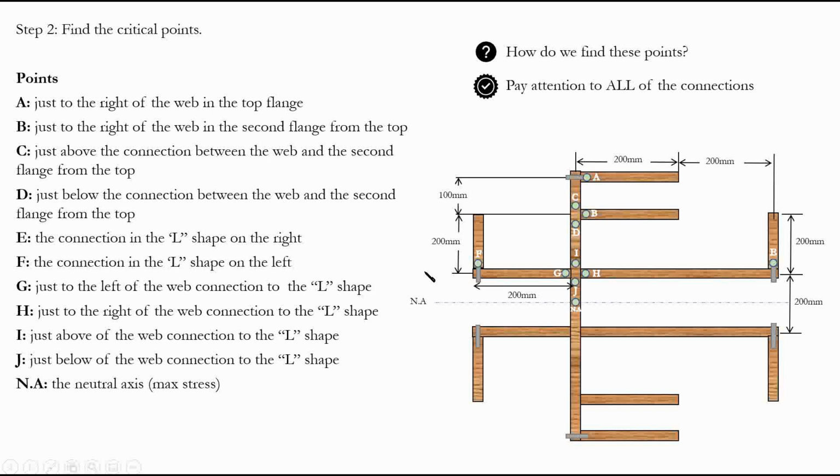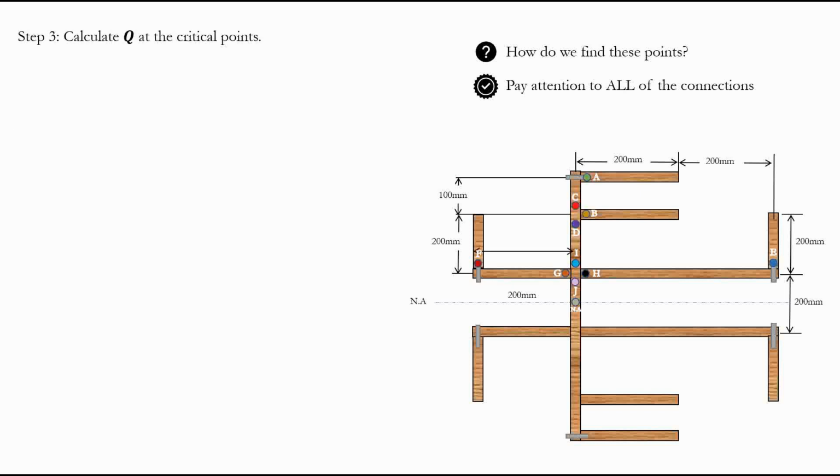Now, let's move to calculating the Q value. Okay. So the first point for us in calculating the Q value is to understand what moment of area, or Q, means. So we identified our critical points, right? And now we want to calculate Q at the critical points. But what is this moment of area? The name actually gives us a lot of information.